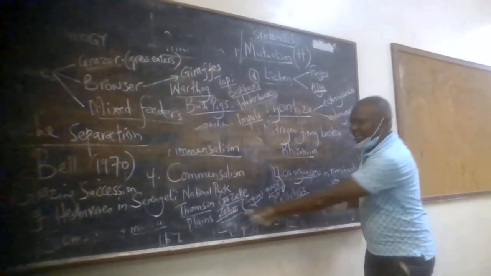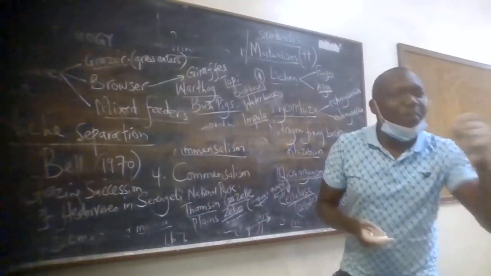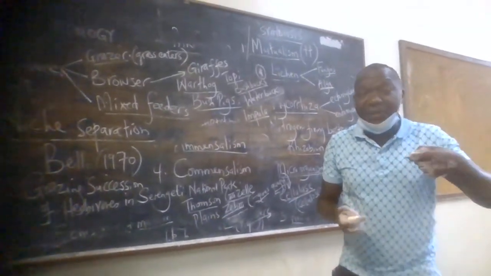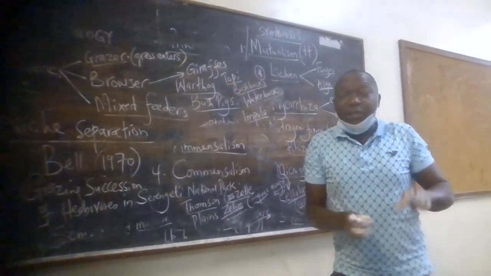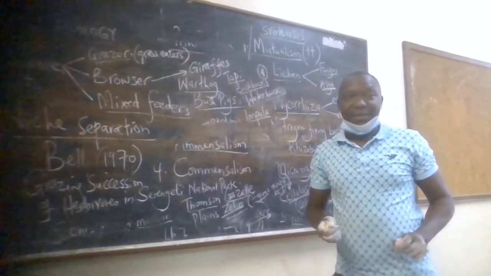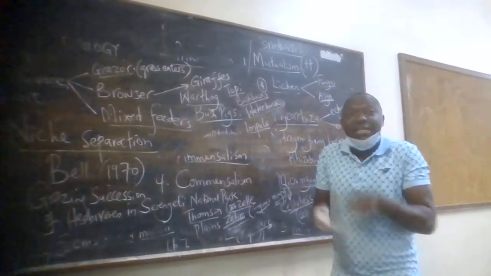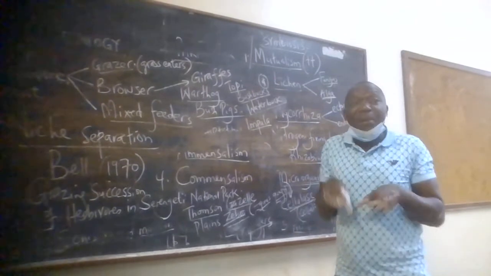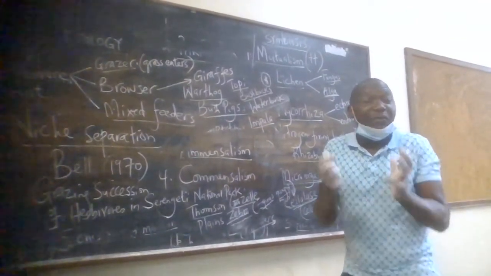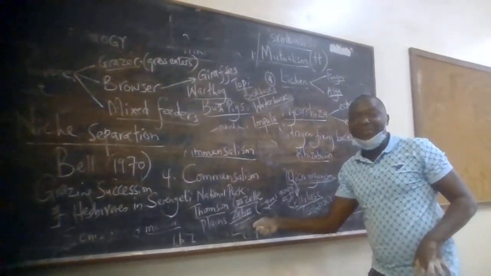Another one, like the zebra, whose digestive anatomy can enable them to utilize more fibrous grass. So the anatomy of the Thompson's gazelle, the early grazers, cannot enable it to digest more fibrous grass material. What about the anatomy of zebra?